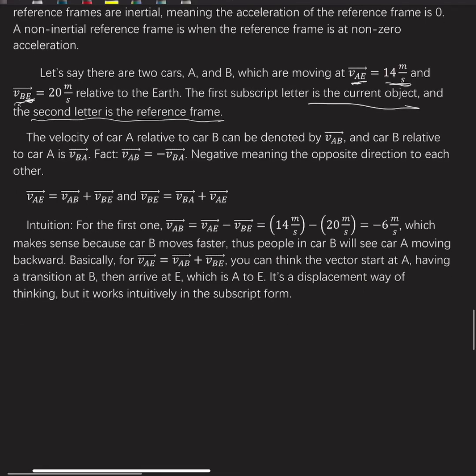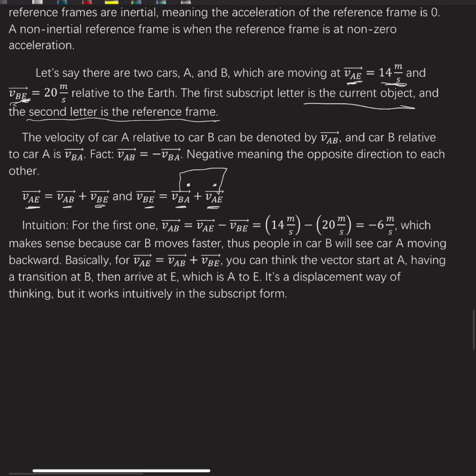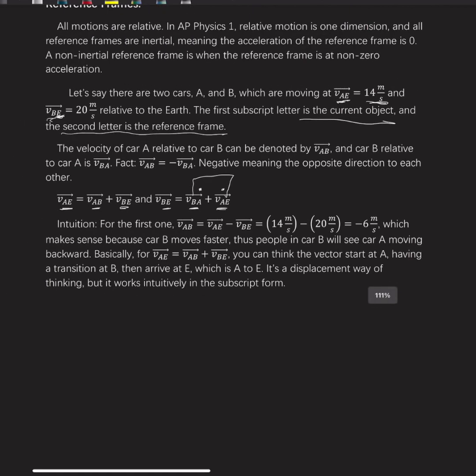The velocity AE is equal to AB plus BE, and BE is equal to BA plus AE. The second letter of the first velocity and the first letter of the second velocity are the same, so we can say that these two cancel out, leaving the result. Here's an intuition. It does not guarantee it's correct, but it makes better sense for you.